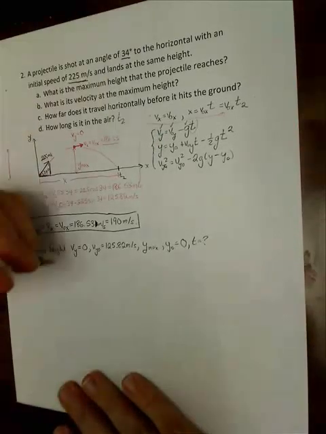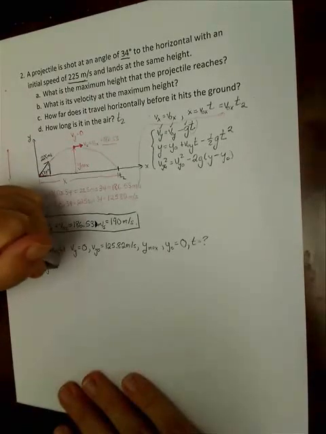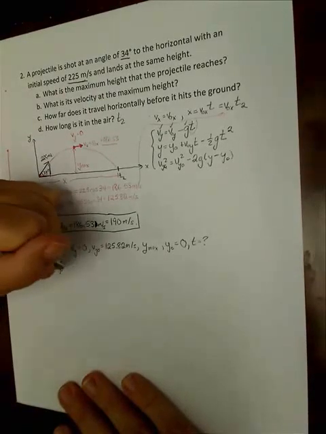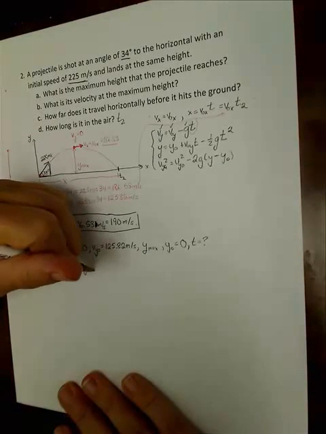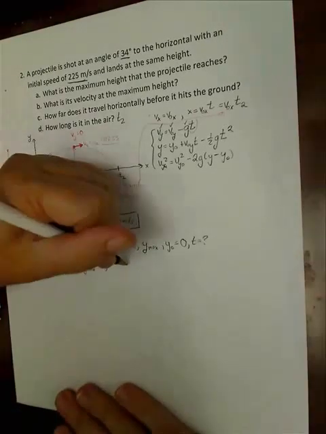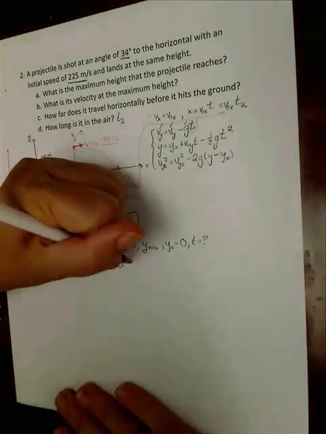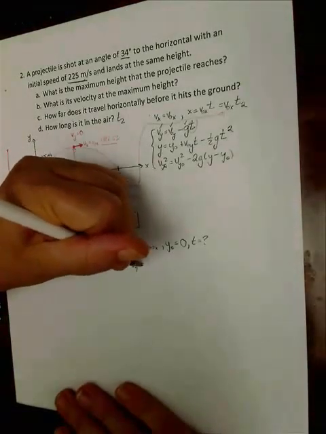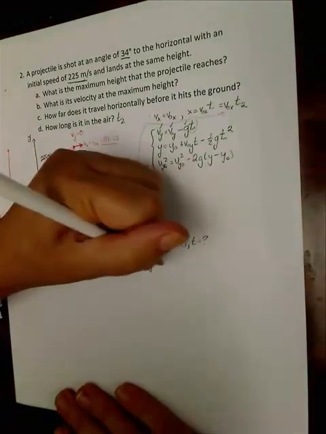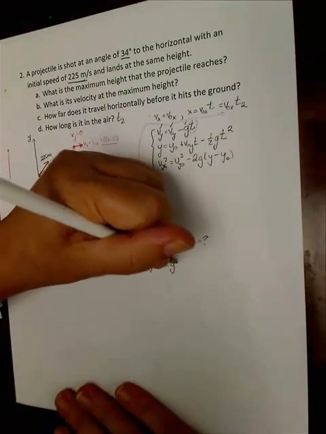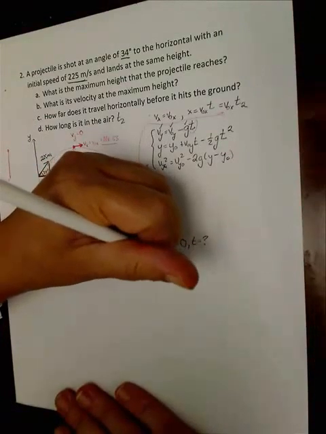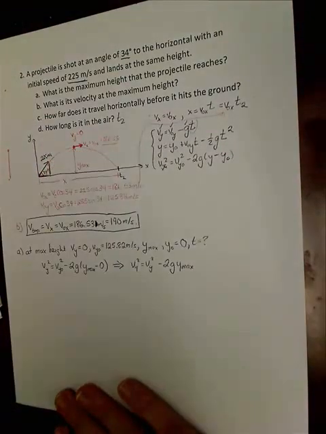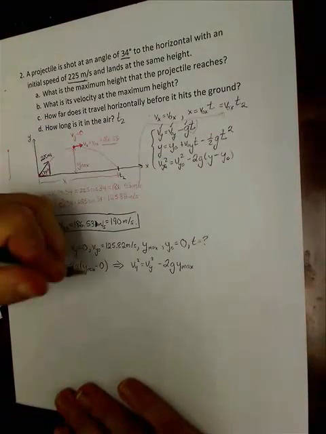Okay, so Vy squared is equal to Vy0 squared minus 2g times y, which is y max, minus y initial, which is 0. Okay, so let me simplify that down. So Vy squared is Vy initial squared minus 2g times y max. I need to rearrange that to solve for y max. So let's see.